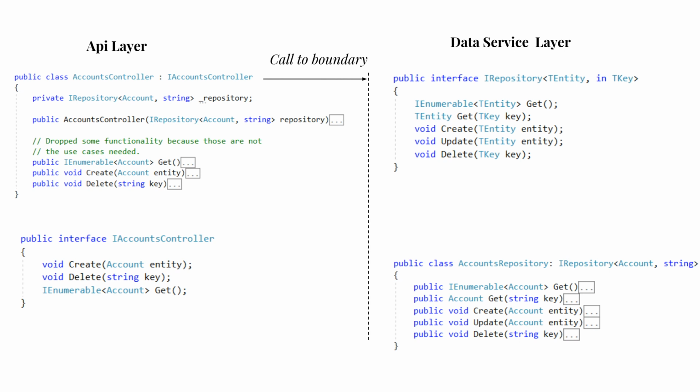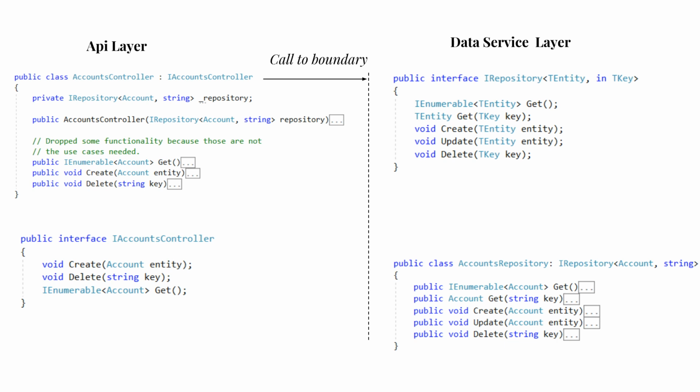And this is how it looks. Basically, you have a data service layer, which defines that you can get some generic entity with a defined interface, and a controller, an API layer, which consumes the data service layer. Basically, the API being your use cases implemented in a controller.